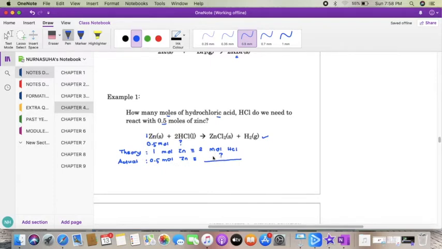Okay, kita letak sebagai X. So kita akan darab silang. Ini yang awak nak cari. So, X darab 1 bersamaan dengan X. Manakala 0.5 darab dengan 2, so dapat 1. So, X adalah 1 mol HCl.